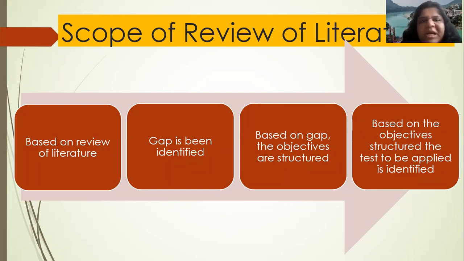मैम रिव्यू ऑफ लिटरेचर कब तक करना होता है? रिव्यू ऑफ लिटरेचर तब तक करना होता है जब तक यू आर नॉट सेटिस्फाइड दैट मुझे अपने वेरिएबल्स मिल गए, और अपने वेरिएबल्स के साथ जो रिलेशनशिप है वो मिल गया है जो मुझे अपने पेपर में टेस्ट करना है.